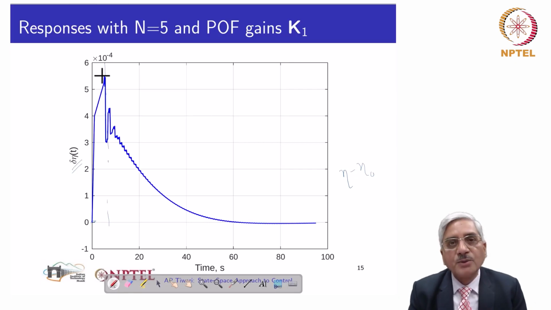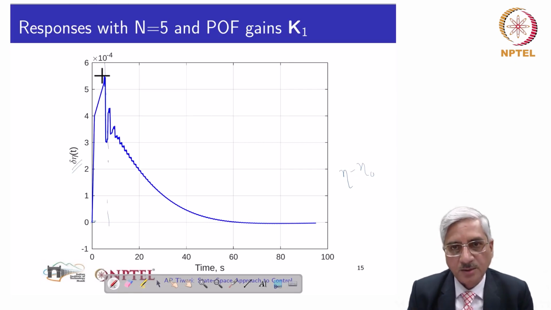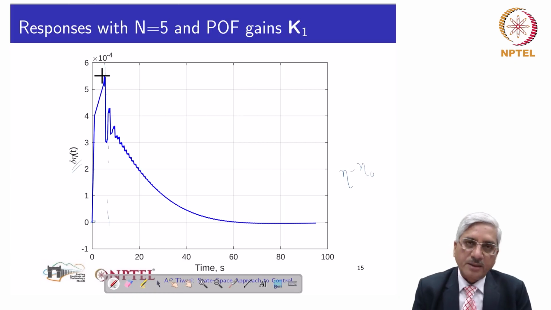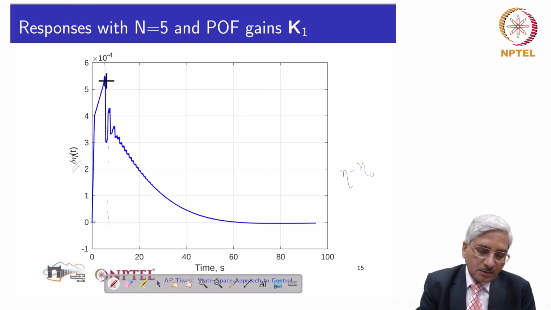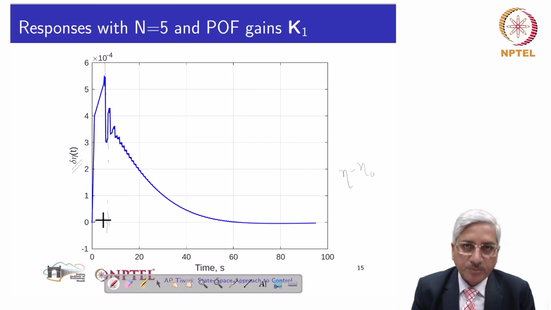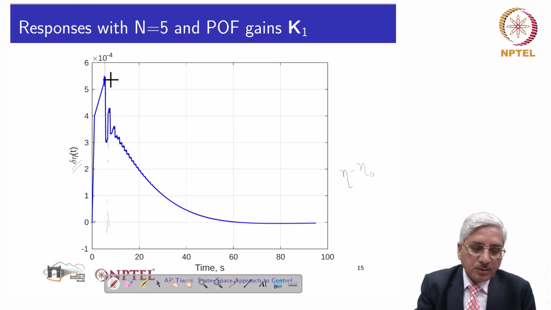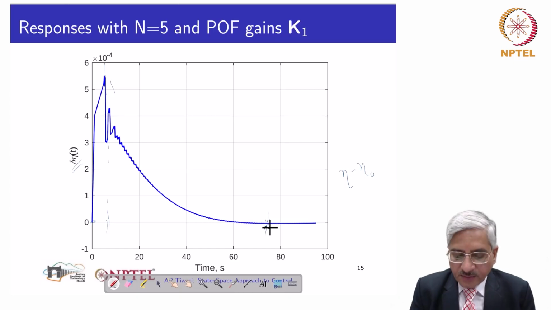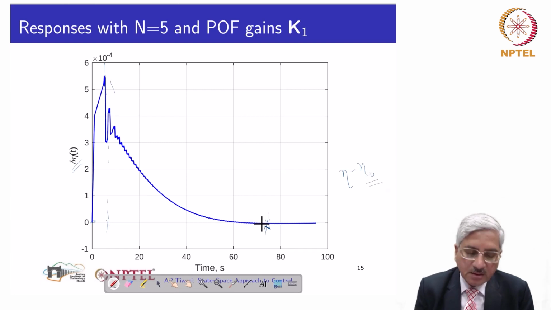In fact, it grew with time because the system is unstable without a controller in the loop. It grew with time, and this is where at 5 seconds, when the controller was brought in the loop, the control action started correcting, and you can see that the negative side neutron density is very small. Actually, neutron density is not negative, it is below eta 0 by this small amount.